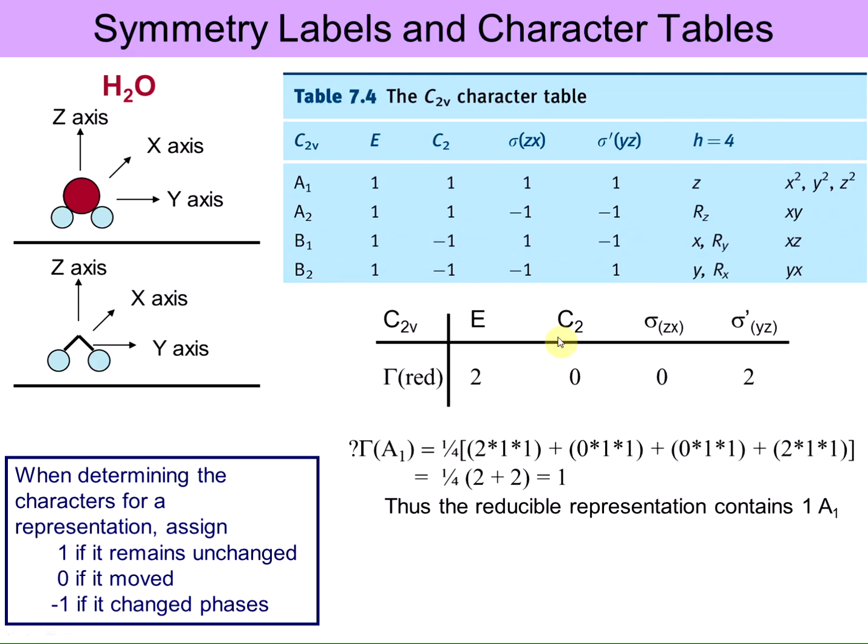So the 0 times a 1 times a 1, the 0 times a 1 times a 1, and then the 2 times a 1 times a 1. So all that adds up to 1/4 times 2 plus 2, which equals 1. So there's 1 A1 within this reducible representation.